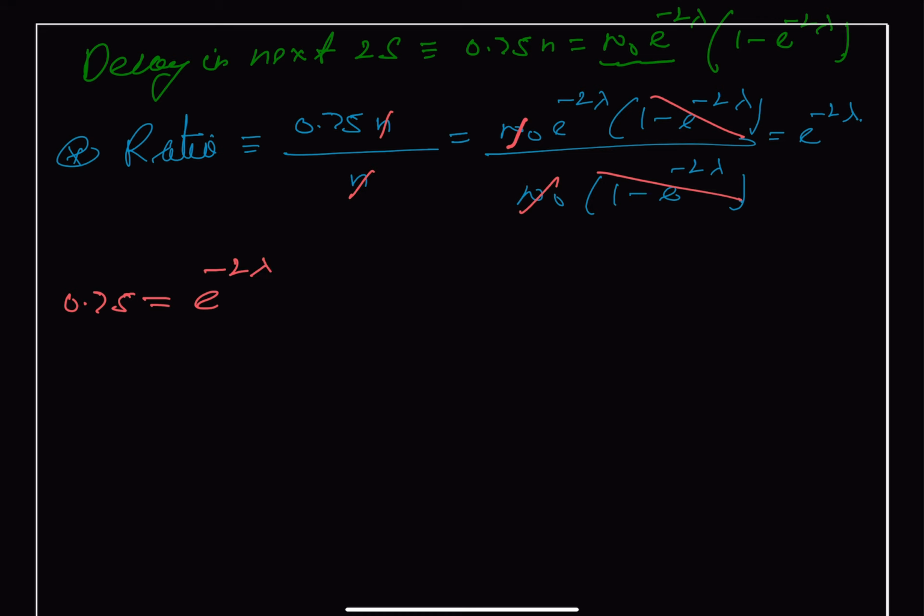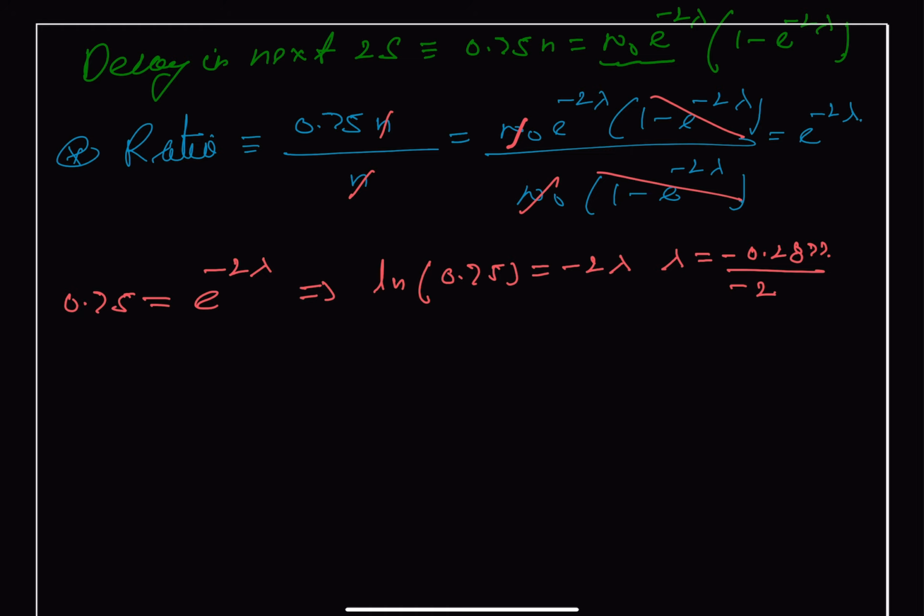And this can be further written as natural log of 0.75 is equal to minus 2 lambda, and we get from here that lambda will be equal to the natural log of 0.75, which is minus 0.2877, divided by minus 2.